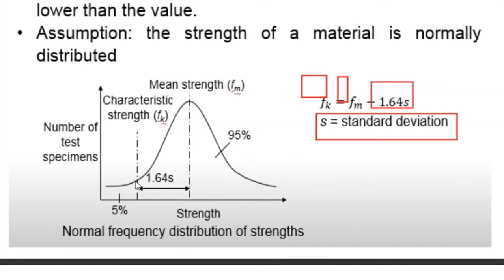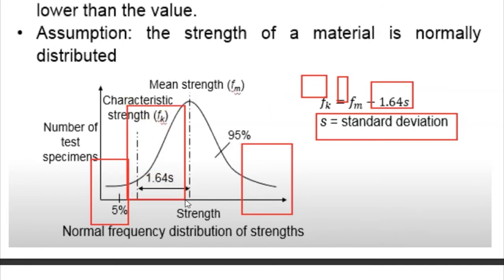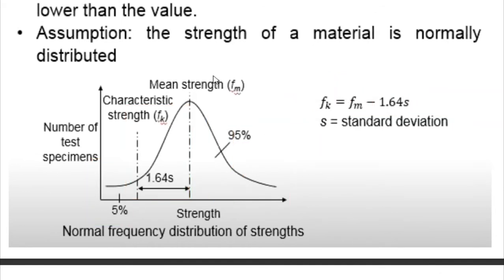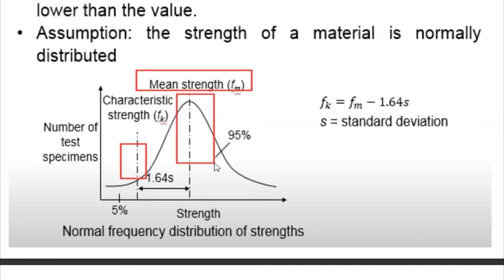Now, it always lies between the lower 5% and not exceeding 95%. So it means 5% is lower and 5% is higher, so the value is between 5% and 95%. And here is the mean stress, and the curve describes the values between the lower 5% and not exceeding 95%.